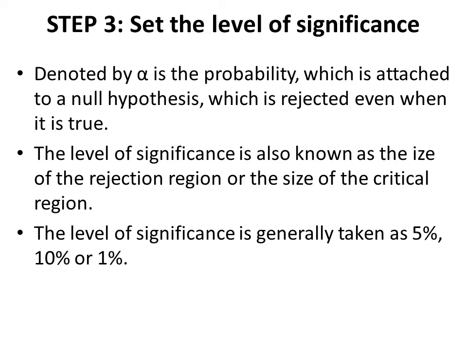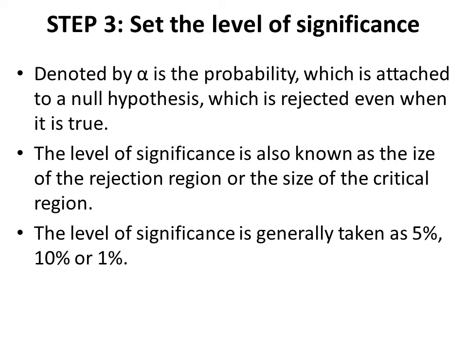So it is by chance that today the worker is very tired, he is fatigued, he is absent mentally, so we are not getting the good product. This is by chance. So level of significance is considered as a chance variation which cannot be rectified.